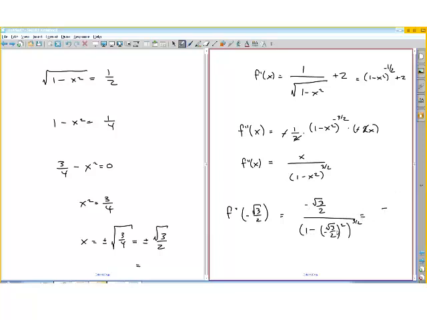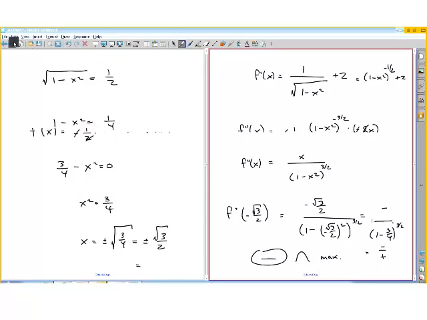The denominator is going to be positive because when you square this, you'll get positive 3/4, which is subtracted. So the denominator is going to be 1 minus 3/4 to the 3/2 power. This is positive, so this is positive. So you get negative divided by positive, and therefore the sign is going to be negative. So negative means concave down, which means a maximum.